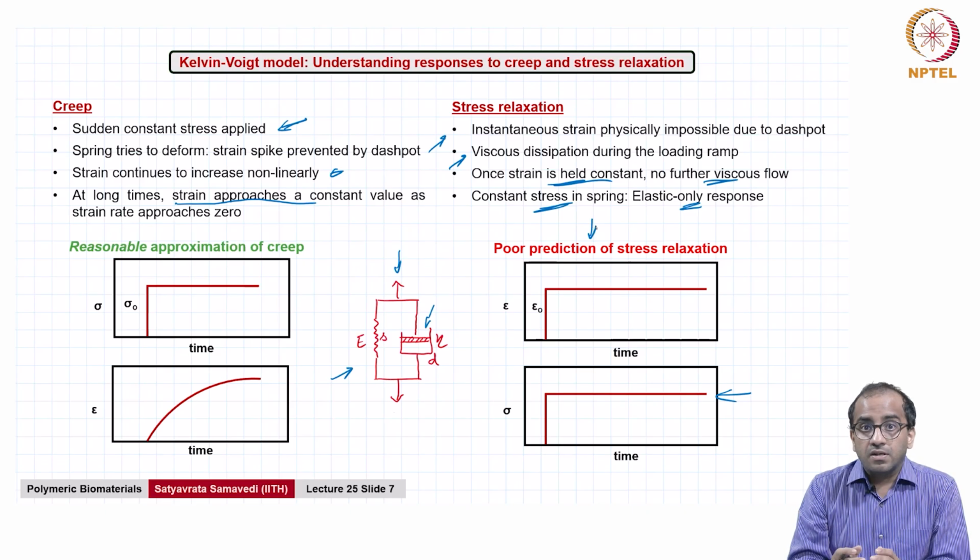Likewise, in the Kelvin-Voigt model or the Voigt model, the two elements, the Hookean element, that is the spring, and the Newtonian element, that is the Dashpot, are connected in parallel, and it turns out that the Kelvin-Voigt model does a very good job of predicting creep, at least qualitatively, and in contrast, the stress relaxation behavior is not captured at all in the Kelvin-Voigt model, right.